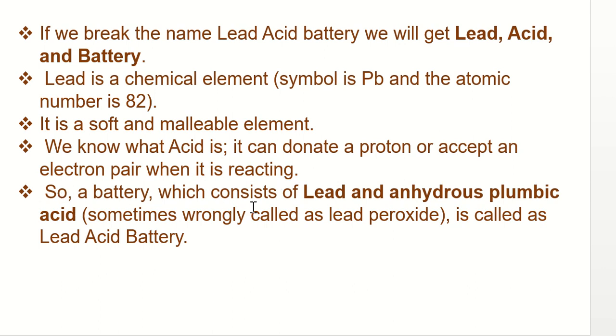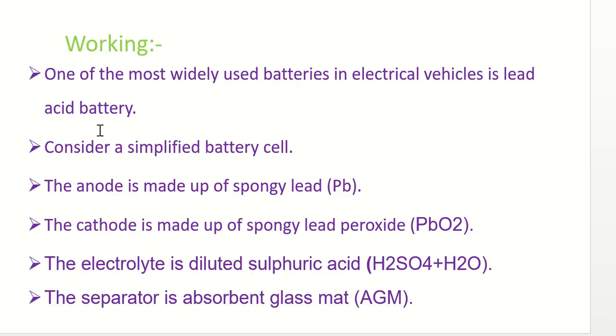So a battery which consists of lead and lead dioxide, plumbic acid, sometimes wrongly called lead peroxide, is called a lead acid battery.